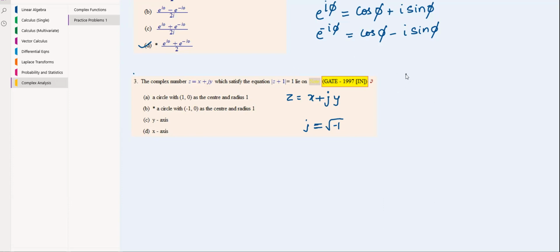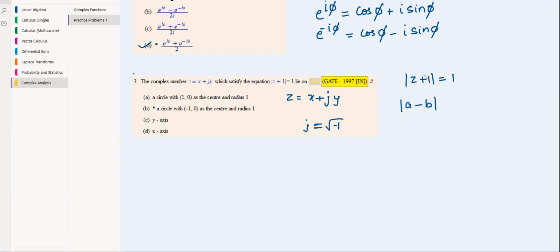Now mod of Z plus 1 is equal to 1. We know that in the last class we discussed, the distance between two complex numbers is given by mod of a minus b.